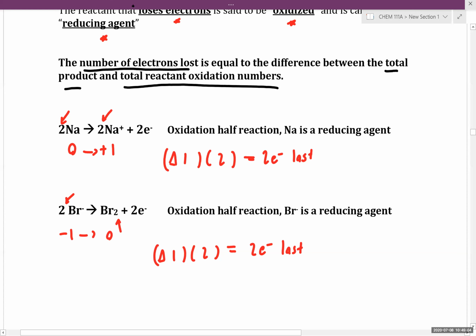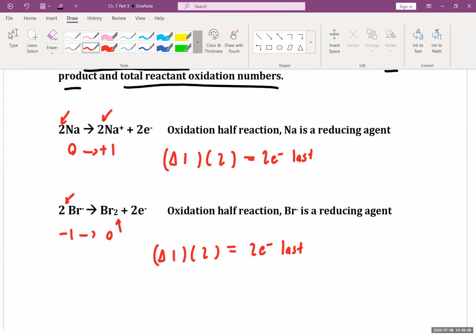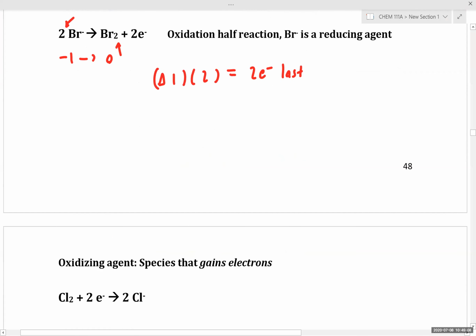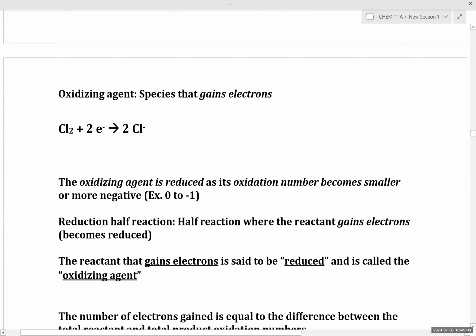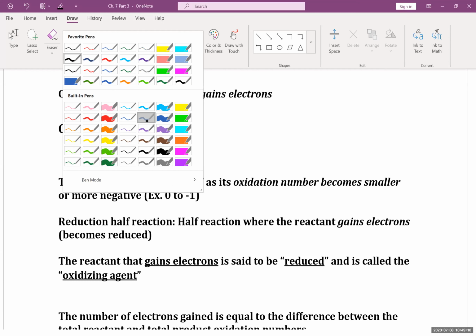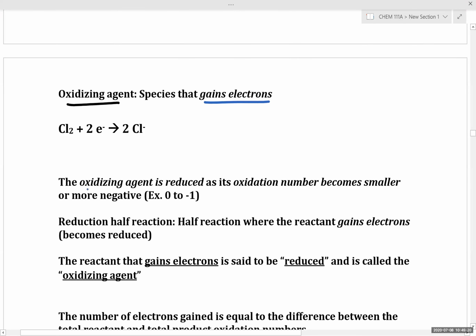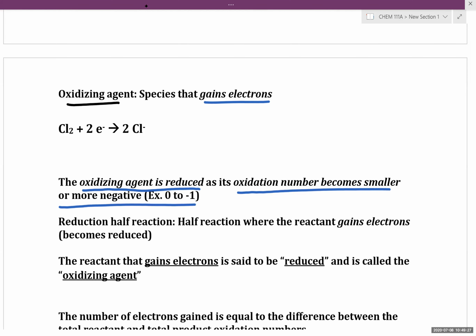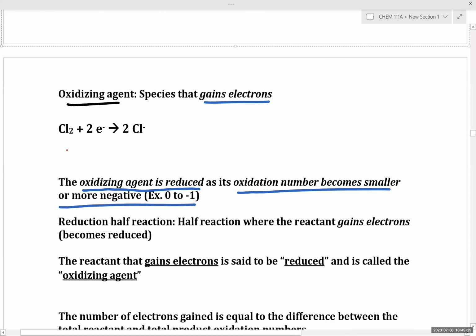Okay, so let's now talk about the other subclass of compound in oxidation and reduction half reactions, which are oxidizing agents. So oxidizing agents are the species that gains electrons. So the oxidizing agent is reduced as its oxidation number becomes smaller or more negative. So for example, we went from chlorine, which is 0, to chloride, which has an oxidation number of -1.